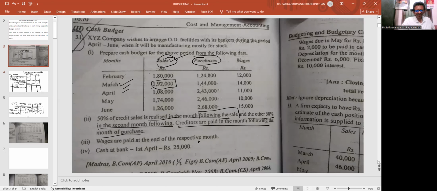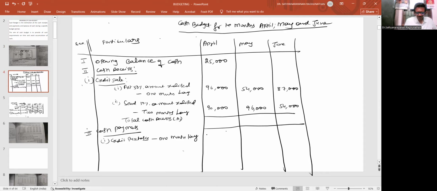Like that you have to write. That is March month 1,44,000. 2,43,000. 2,46,000.